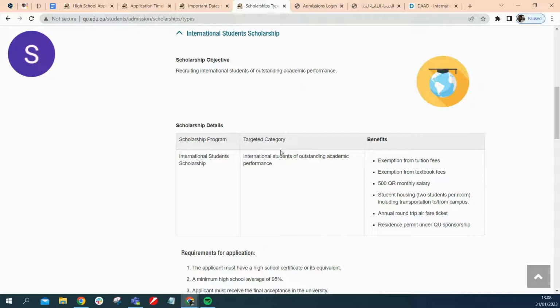And looking at this one, the scholarship is for international students, targeted category: international students of outstanding academic performance, and the benefits. Yes, this is the juicy part of it. Exemption from tuition fee, exemption from textbook fees, and also you get 500K monthly salary.